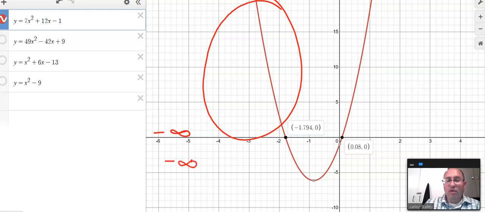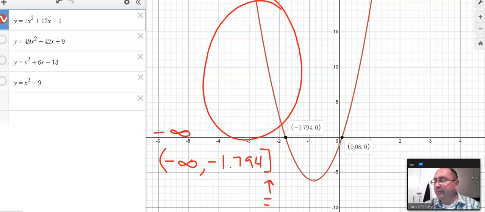So one of my answers to this question is going to be negative infinity to negative 1.794. Now, why do I have to include the bracket? Because my inequality is equal to. If it had been greater than but not equal to, then I would not include that, and that would have been a parenthesis. But I got this other chunk over here starting at 0.08, and my face is in the way, possibly. Okay, we'll live with it.